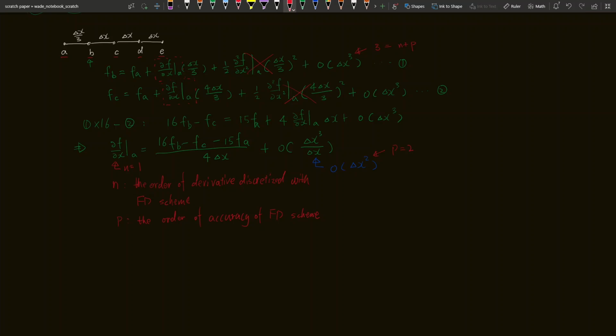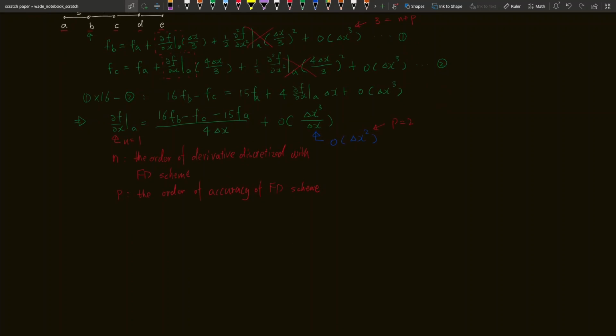Since the nodal values Fa, Fb, Fc are known, only the first order derivative and the second order derivative are unknowns. So for two unknowns, we need two equations. So the number of equations equals the number of neighboring points.